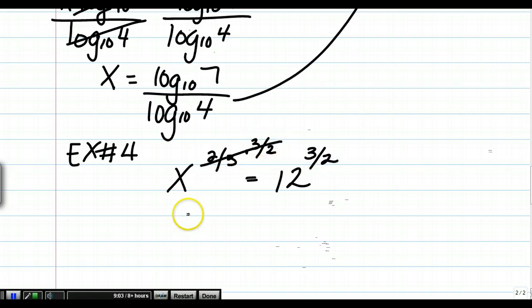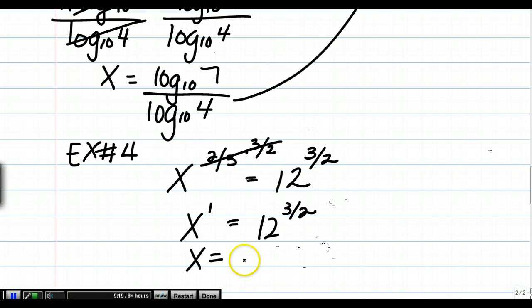These would cancel out to 1, and you'd have 12 to the 3/2. All you need to do in your calculator, and we can show you in class, is just take 12 to the 3/2 power. And if you do that in your calculator, you should get 41.